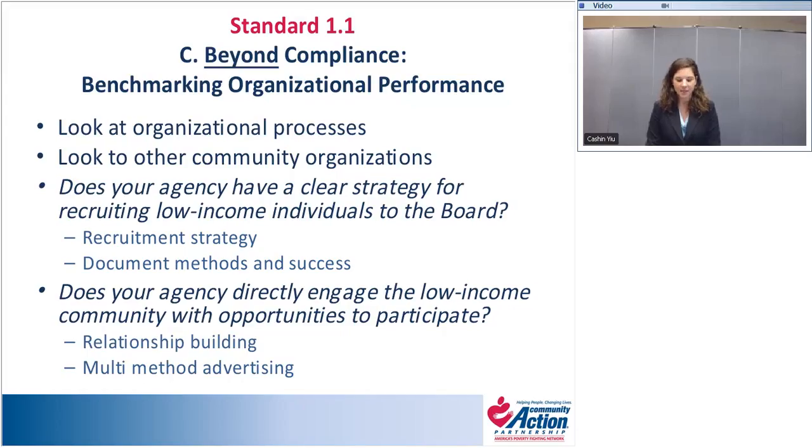The second piece is really about directly engaging low-income people in the community to encourage their participation. So this is about going to community events, networking with people in the community that you serve, really building those relationships. It's also about having multiple methods of advertising, so trying to get to low-income people in different ways.